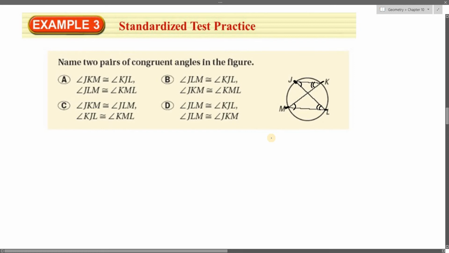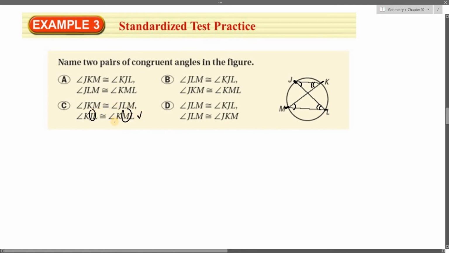And so now all I simply have to do based on that is look at the options that are true. So I have an angle J is equal to angle M. So I look through here and I find the one that has a J in the middle. There it is, KJL. So KJL, yep, I want it to say that. And then I'm looking for an M in the middle, so that's going to be KML, like that. That's true. So these 2 are congruent. I agree with that.